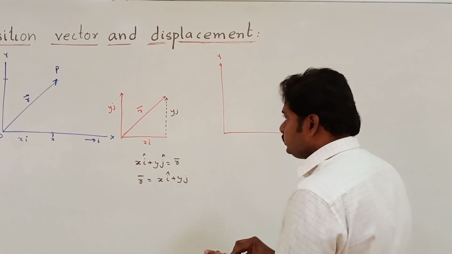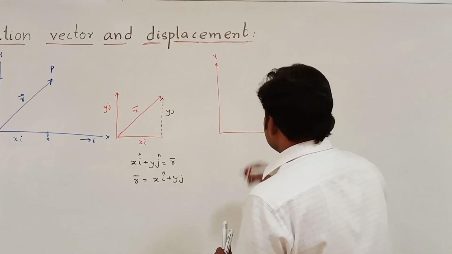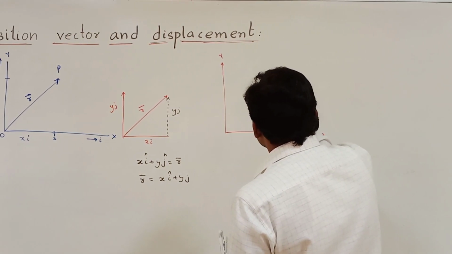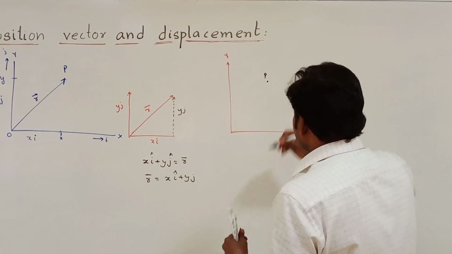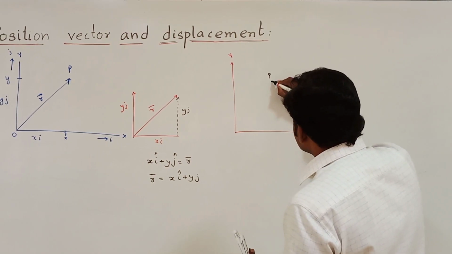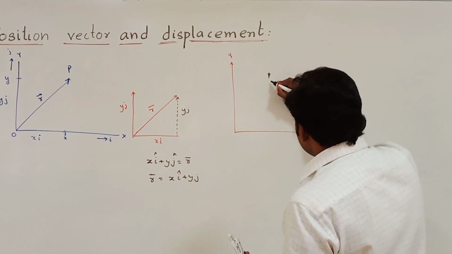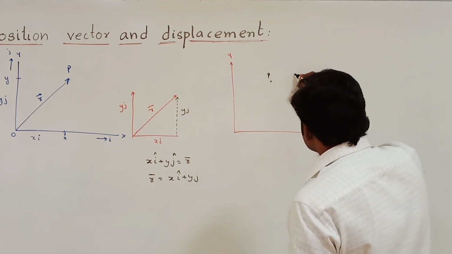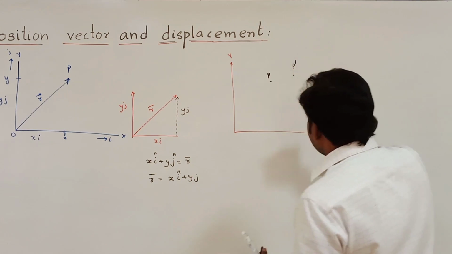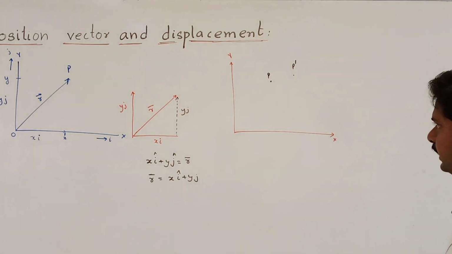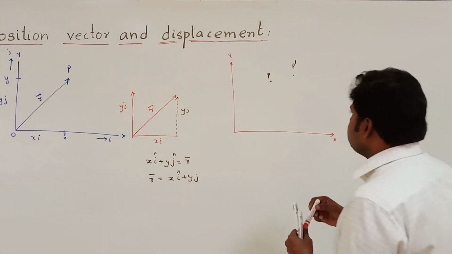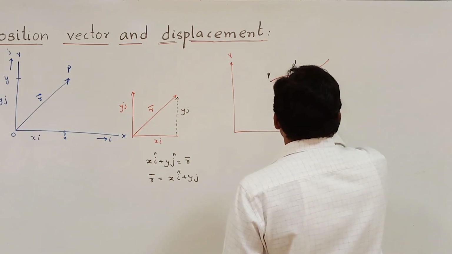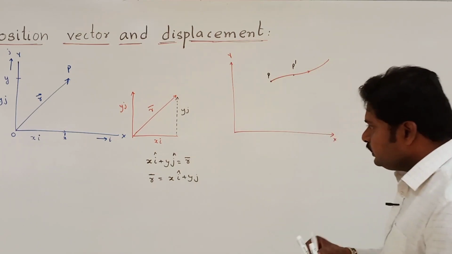Now, similarly, we consider position point P. Now consider another point location: a body moves from point P to P dash in a curved path. Let's see that this is a curved path, a body is moving like that. Now this is O.